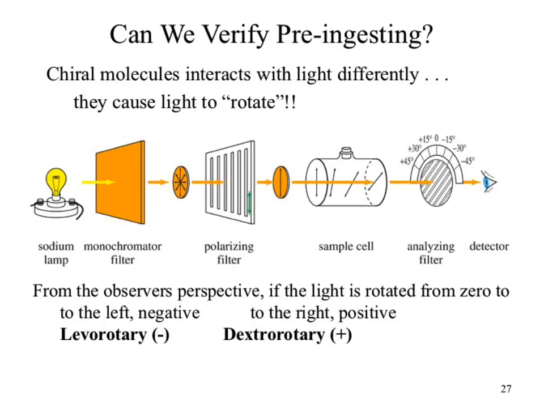So we can take our sample and drop it into our sample cell, and it surprisingly interacts with light differently than most samples. We have to make sure our light is polarized, so we use a filter that removes half of the light. That then leaves me with just one axis of light. That one axis of light, when it hits the sample, will now interact and rotate.